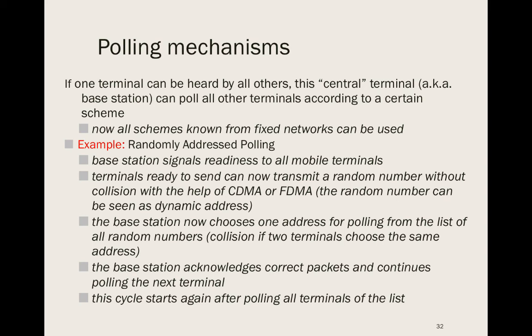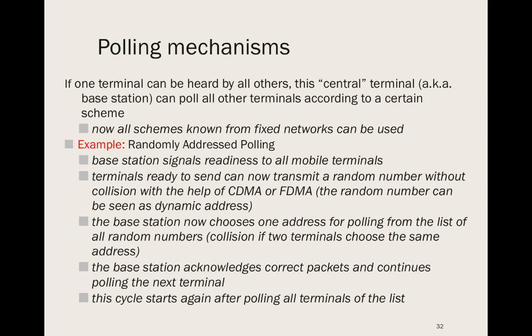In the polling mechanism, a central terminal can poll all other terminals according to a certain scheme. For example, if we use random address polling, the base station signals readiness to all mobile terminals. Terminals ready to send can now transmit a random number without a collision with the help of CDMA and FDMA.